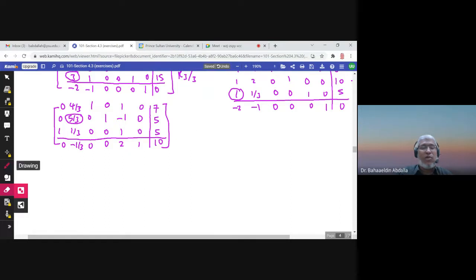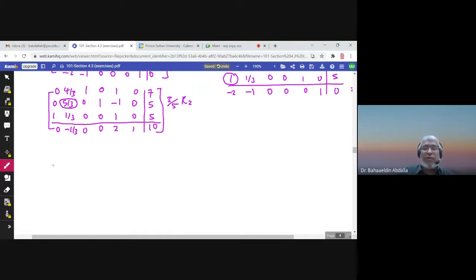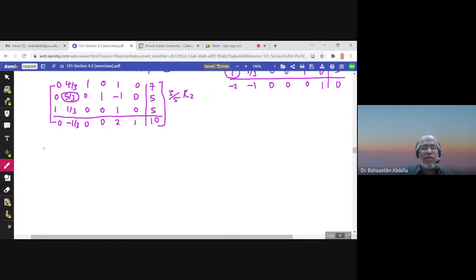So we start by multiplying the second row by 3 over 5. And then we will have the following, not matrix, just something in between. The first row, no change.